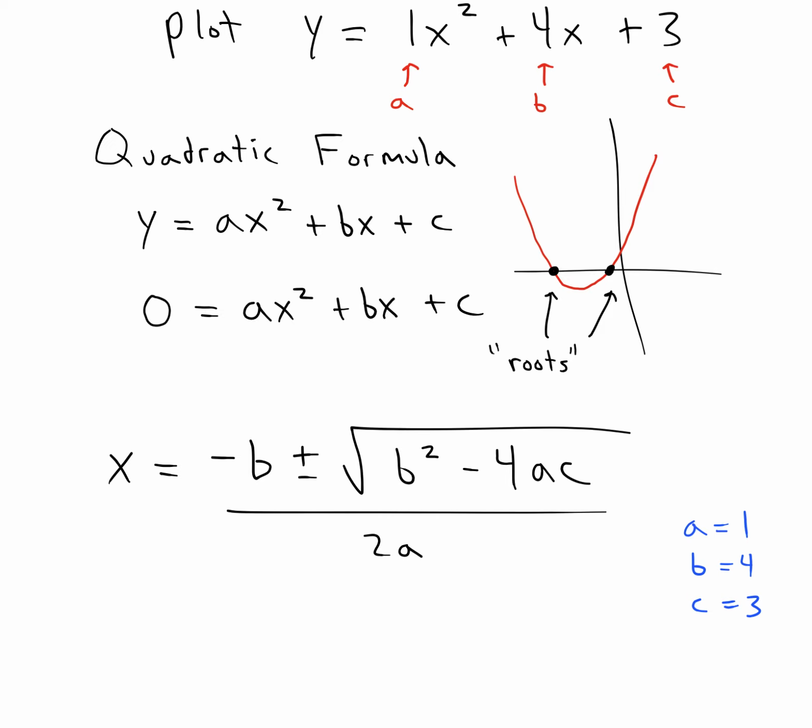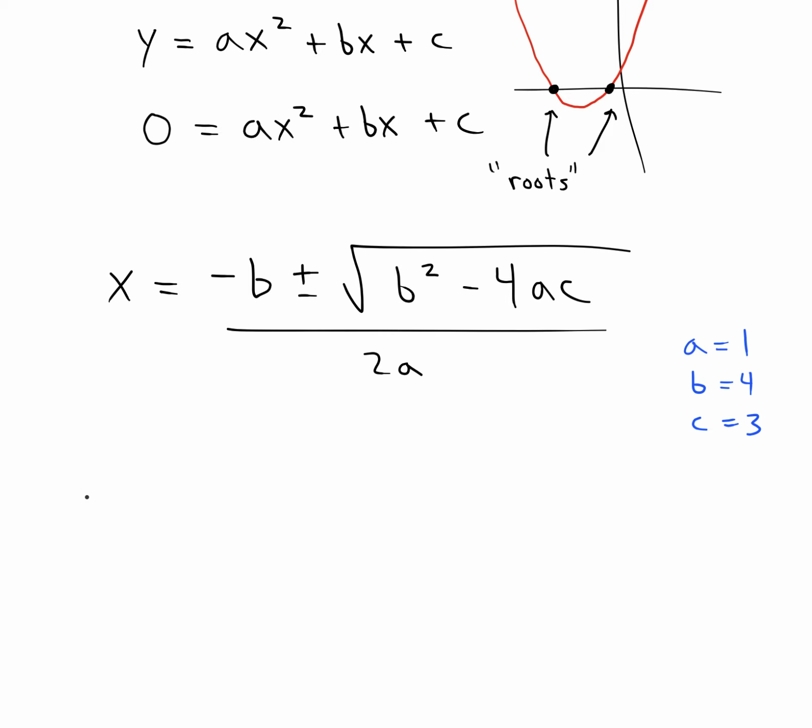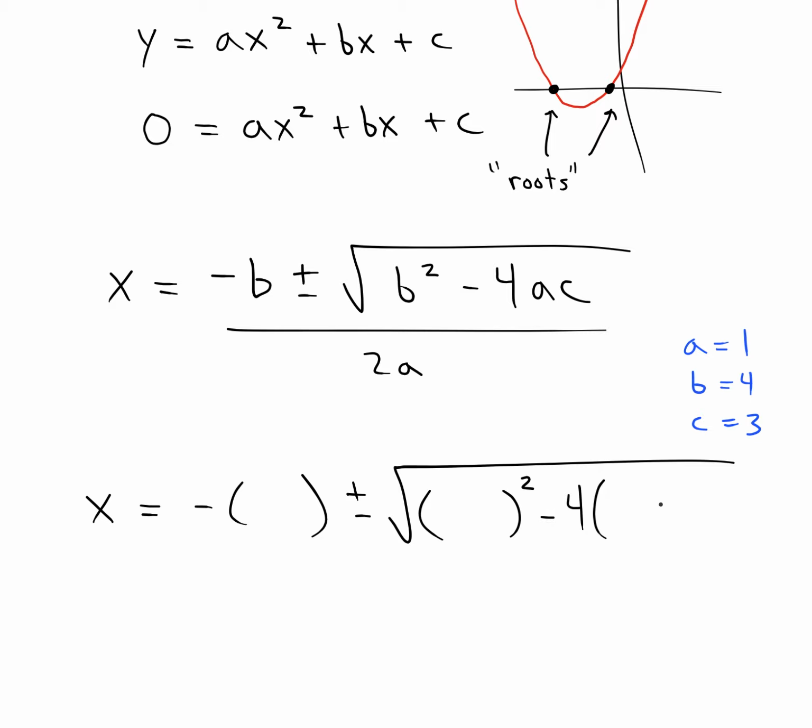Alright, so let's go ahead and plug in. What I do to get started with something like this is to just replace every variable with open parentheses. And this is going to be where I'm going to plug things in. But I copy the entire formula exactly as it appears above.